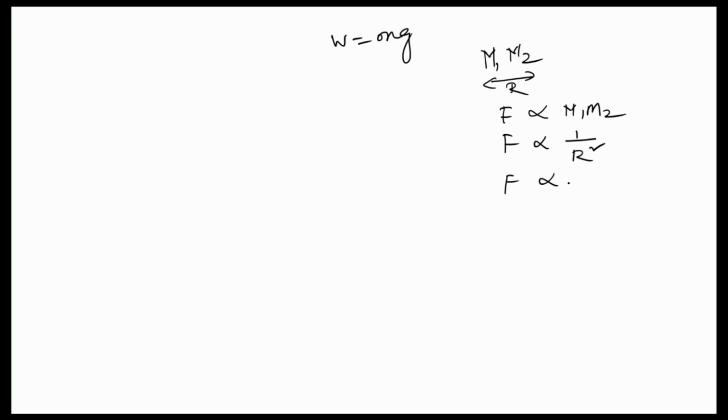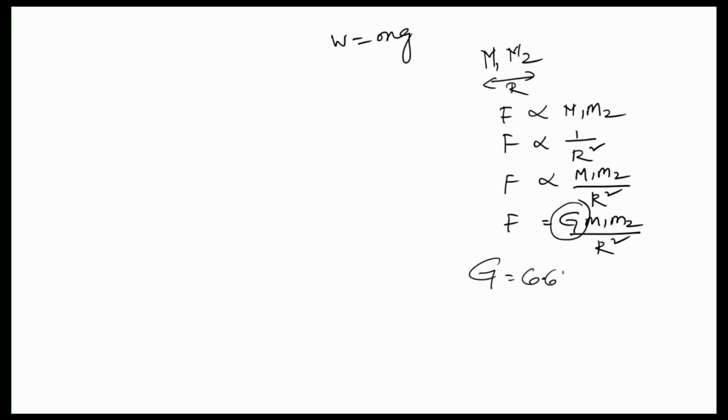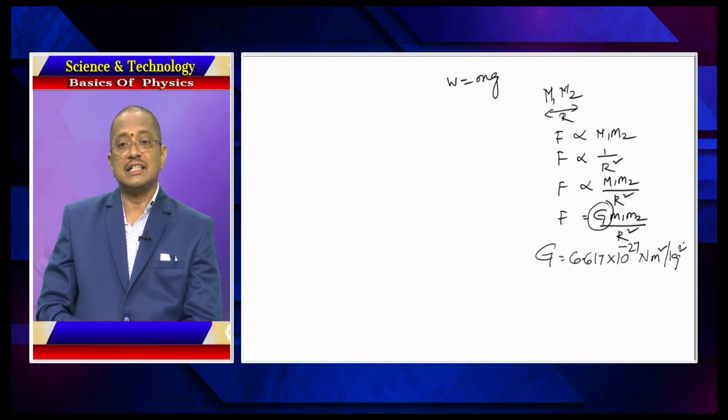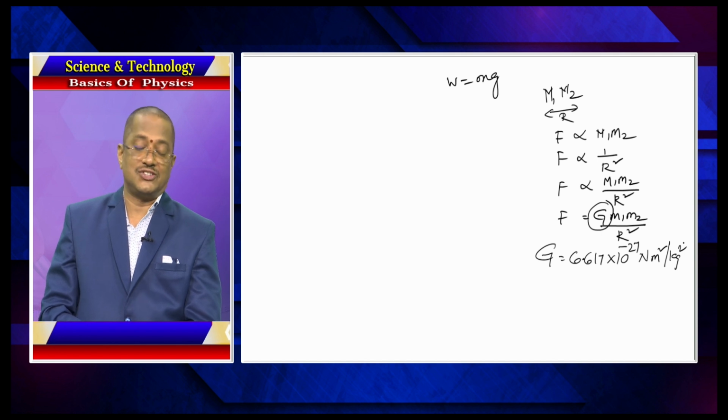So F is proportional to m1 m2 by r square, or F is equal to G m1 m2 by r square. Here G is called the universal gravitational constant, and this G value is 6.67 into 10 power minus 11 newton meter square per kg square. This value is very important.